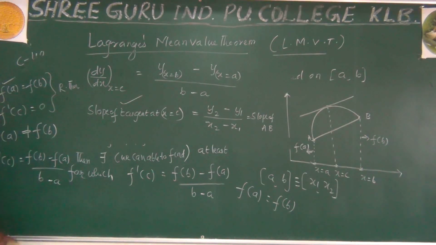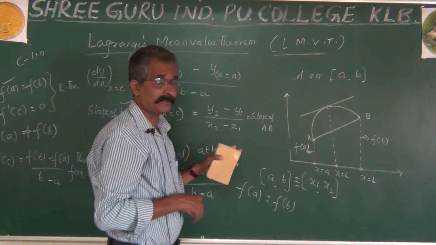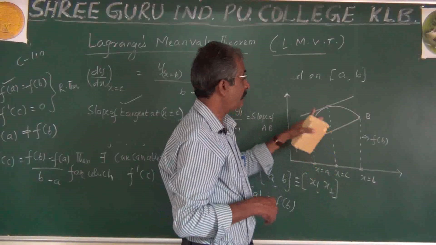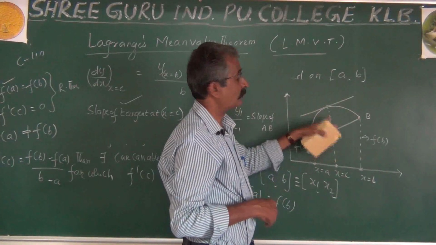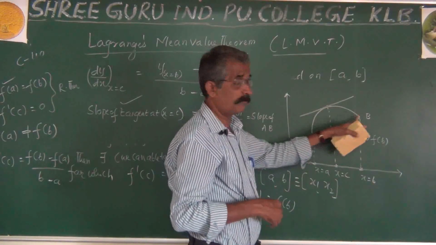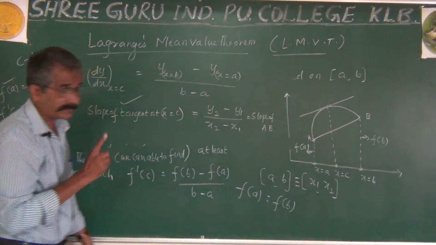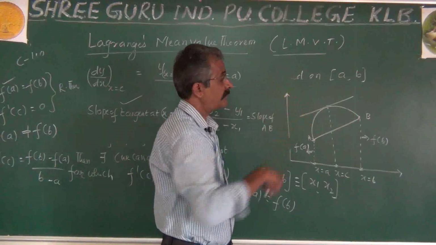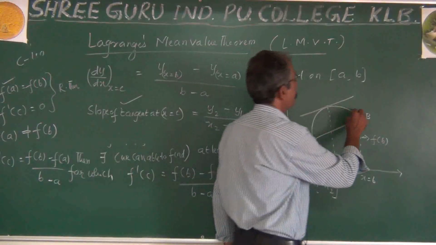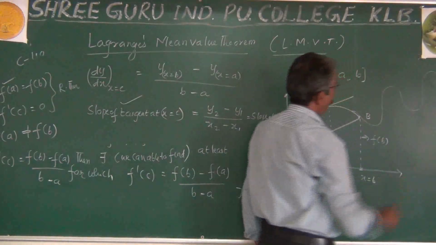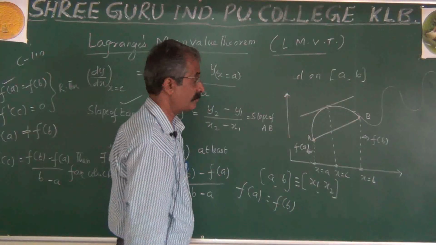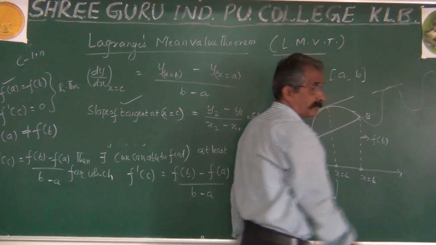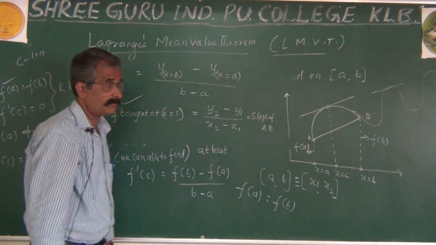And again I repeat, geometrically, for Lagrange's theorem, what we can assert is that at point x equal to c there is a tangent which is parallel to the chord joining the end points of the curve. There can be a minimum of one point, and there can be as many points like this as possible, where the tangent can be parallel to the chord joining the end points of the curve.